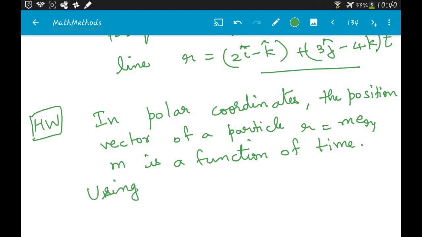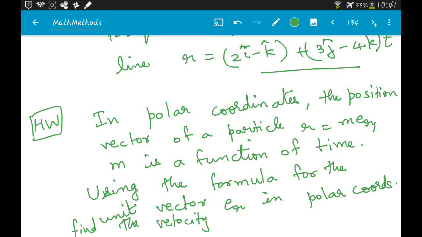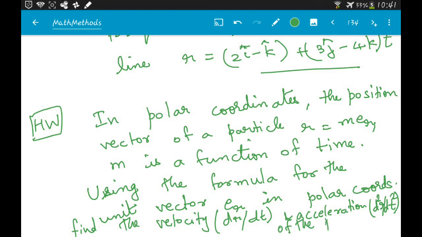Using the formula for the unit vector ER in polar coordinates, find the velocity dr by dt and acceleration d2r by dt square of the particle. This is what you need to find.